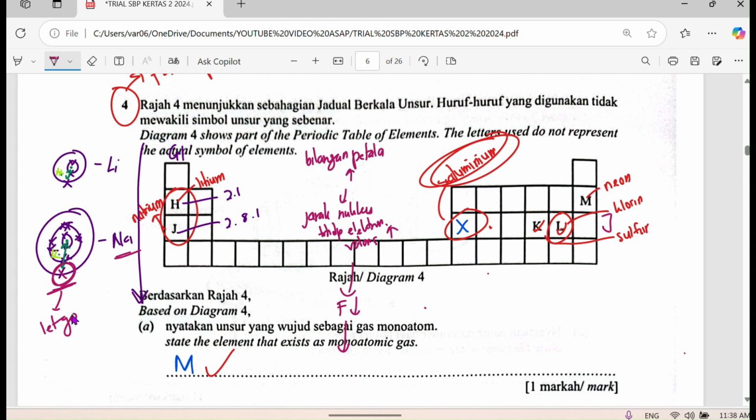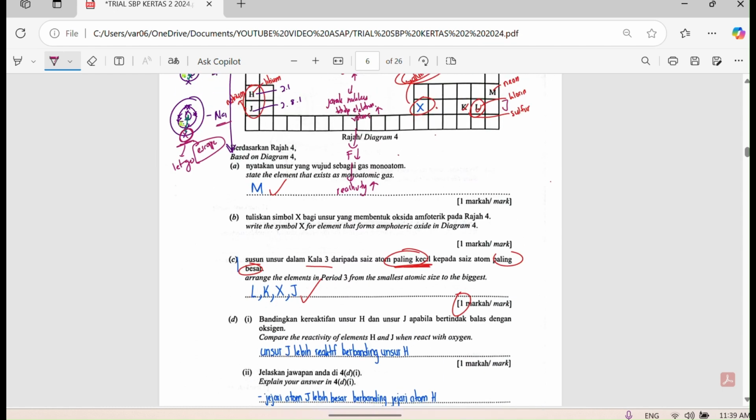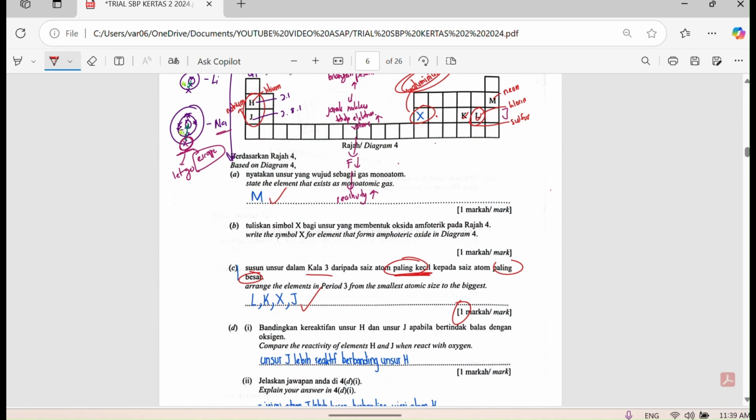Because of the weak force, it is difficult to hold that electron, which makes that electron easy to escape. It escapes easily. So that is why the reactivity increases as you go down group 1. There we go. Unsur J lebih reaktif berbanding unsur H.